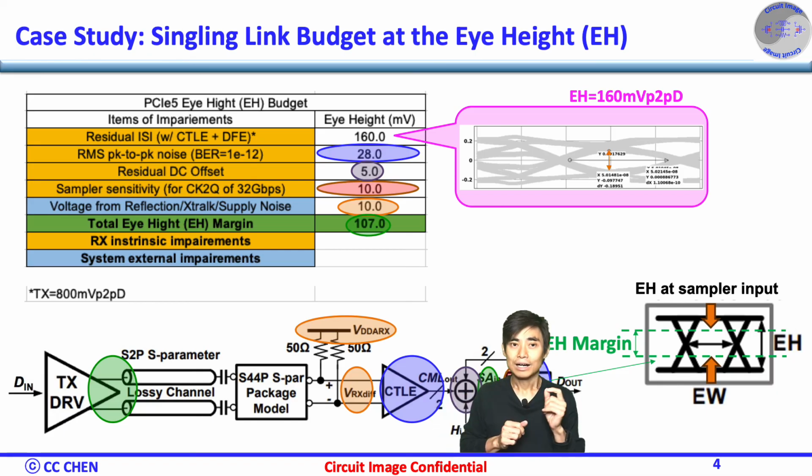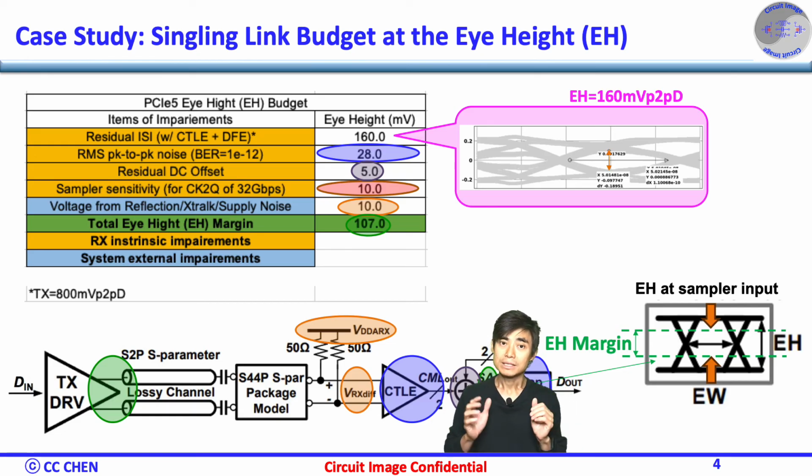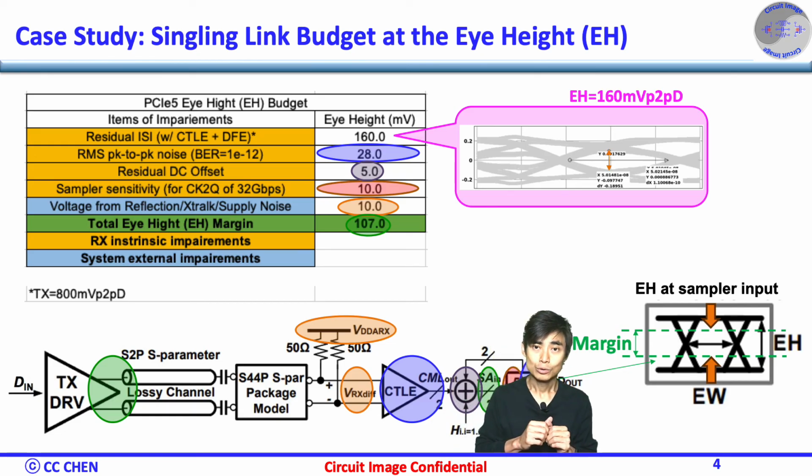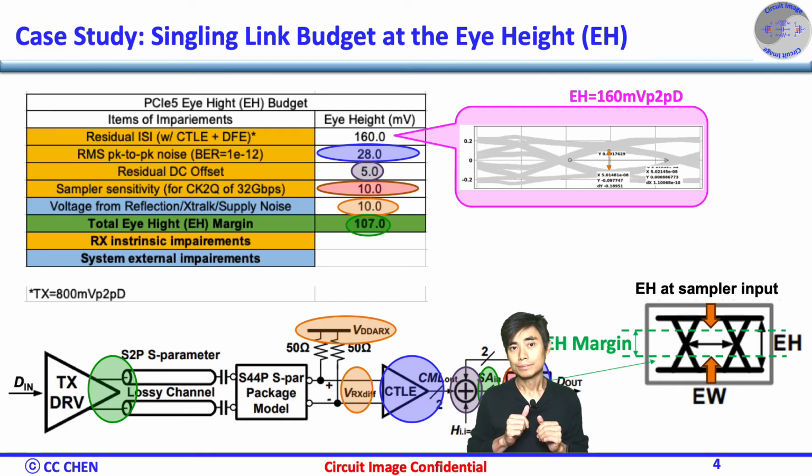Second, the random noise from the circuit would be 2 mV RMS. Under bit error rate equals 1e-12, the peak-to-peak noise would be 28 mV. Third, the residual offset after the DC offset cancellation could be 5 mV.